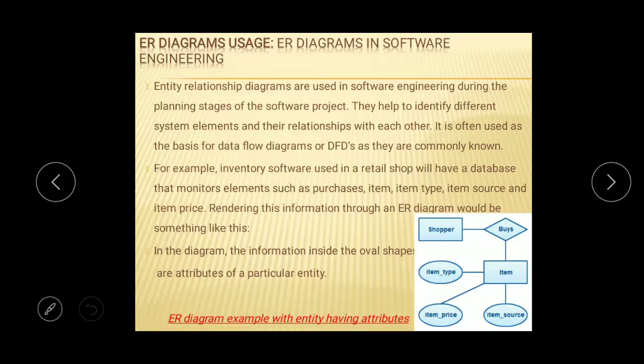For example, inventory software used in a retail shop will have a database that monitors elements such as purchases, item type, item source and item price. Rendering this information through an ER diagram would be something like this figure. In this diagram, the information inside the oval shapes are attributes of a particular entity. Entities are shown by these rectangles.